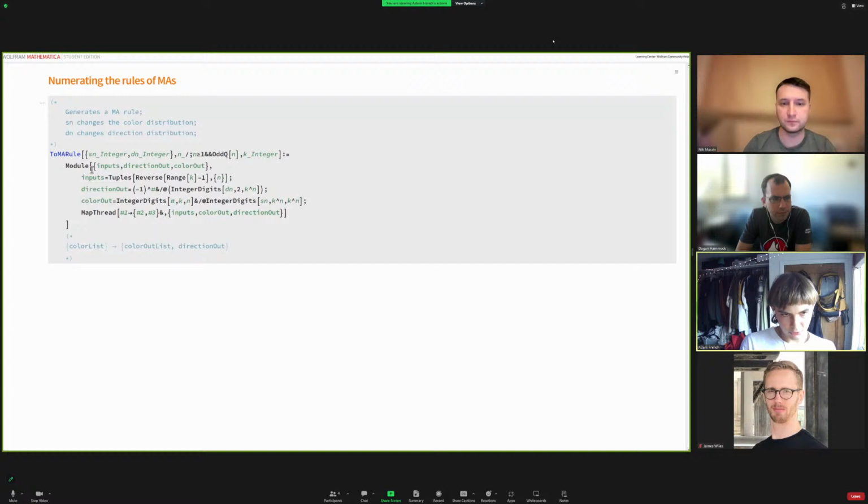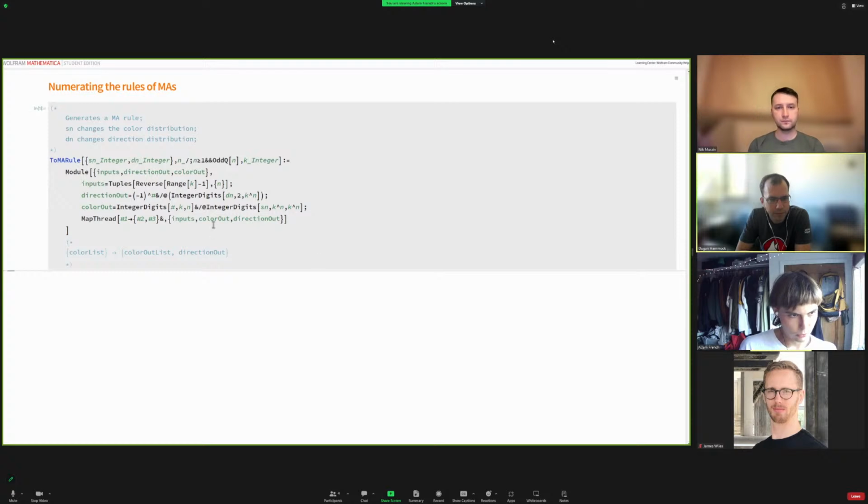We have a way of enumerating all of these rules, which will come in useful.